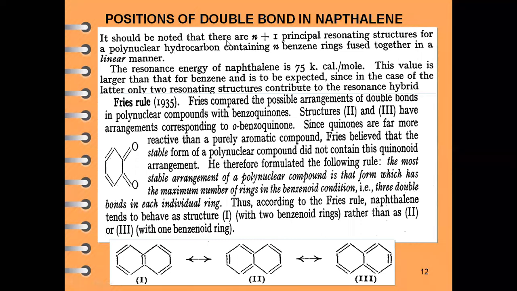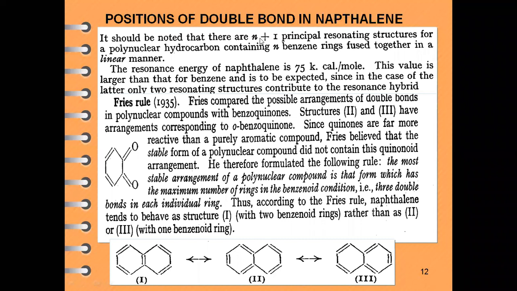So it should be noted that there are n plus 1 resonating structures in the naphthalene. So n plus 1 principal resonating structures, where the number n belongs to a polynuclear hydrocarbon containing a number of benzene rings. So this n is how many benzene rings are there in the given structure.